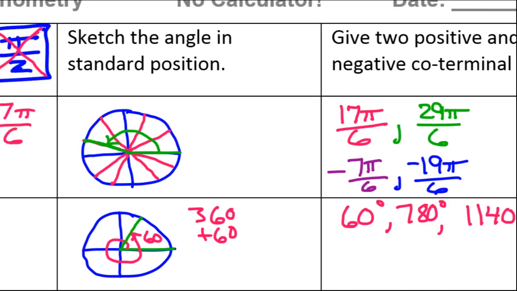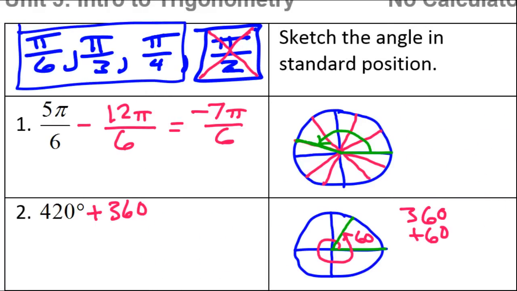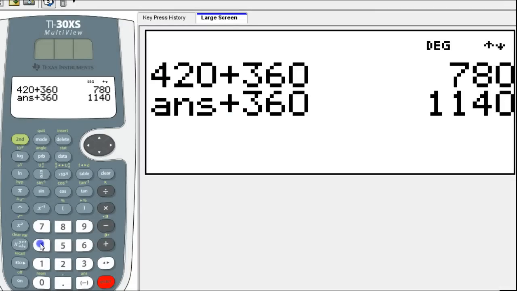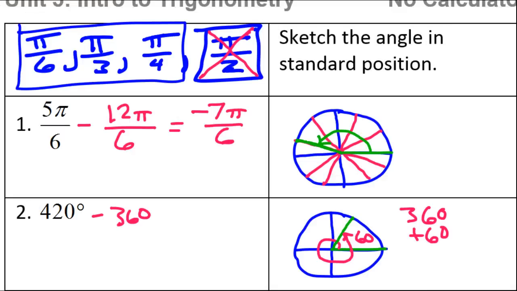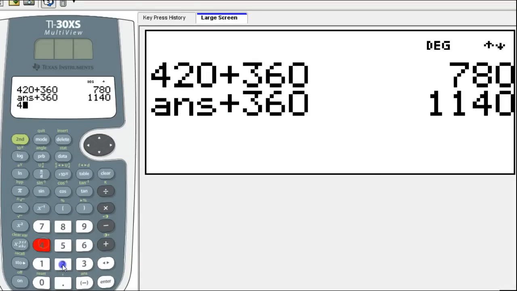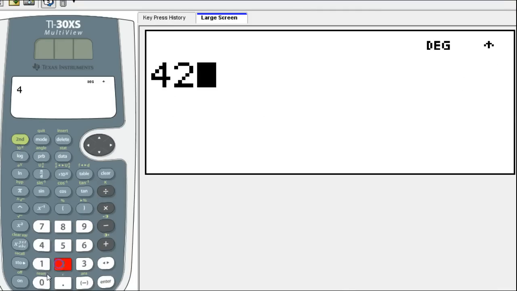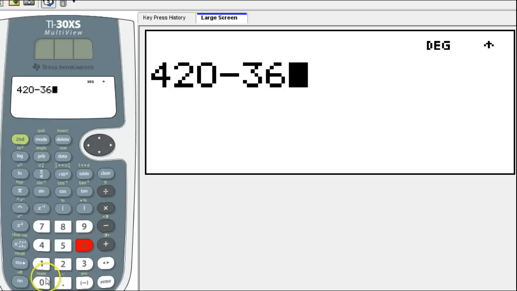Now if I want some negative coterminal angles, I need to subtract 360. Now of course, as we saw already with the reference angle business, if I subtract 360 that first time, wait, short memory. Yeah, so if I do 420, hold on, let me get a fresh, clear screen. If I do 420 minus 360, that's a positive angle still.